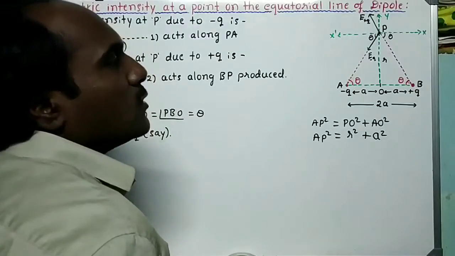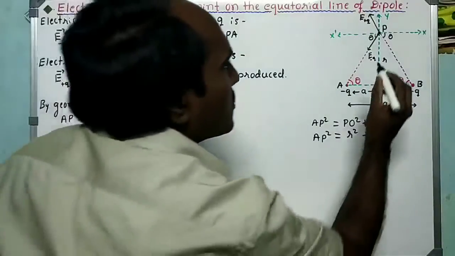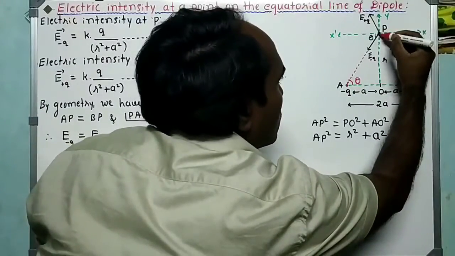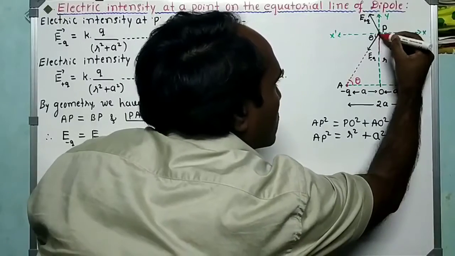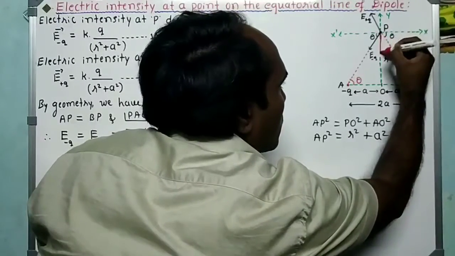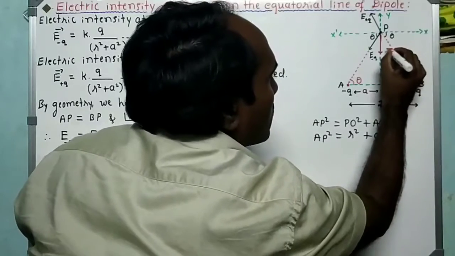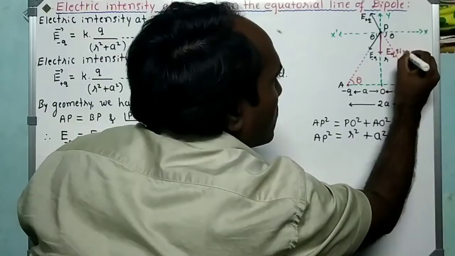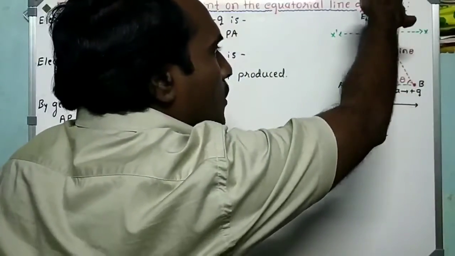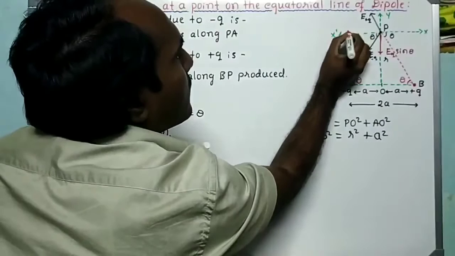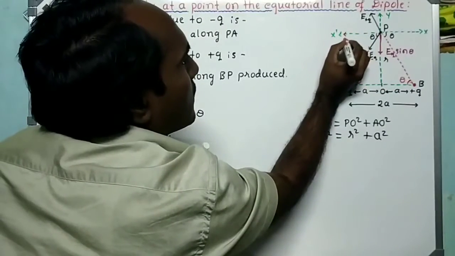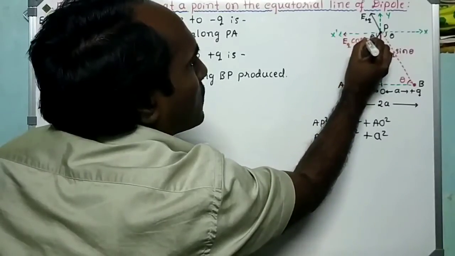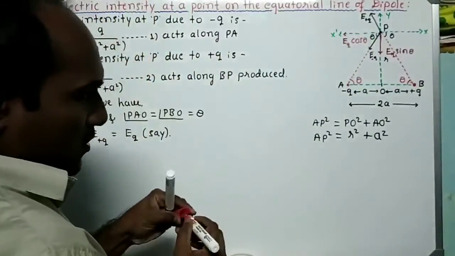That's why it is going to split into two components: EQ sin theta along PO and EQ cos theta along PX dash.